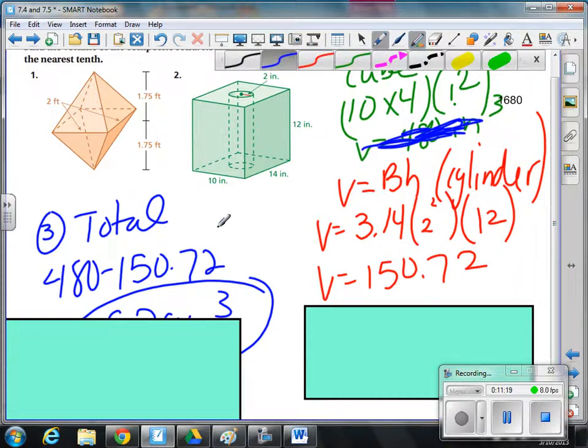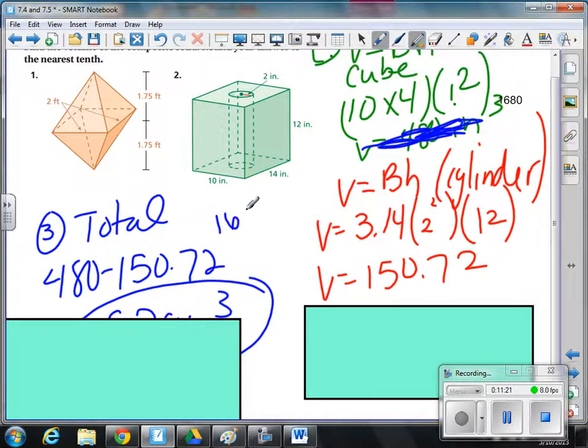We will take 1,680 and we're going to subtract 150.72, and we get a solution of 1,529.3 rounded to the nearest tenth.